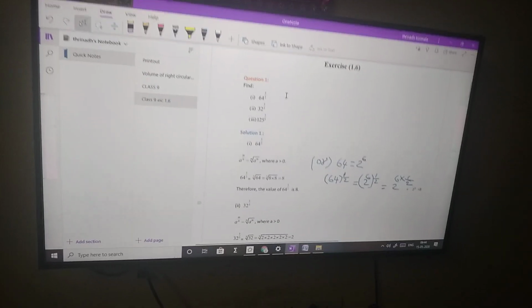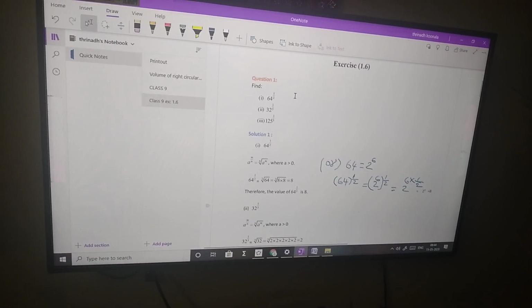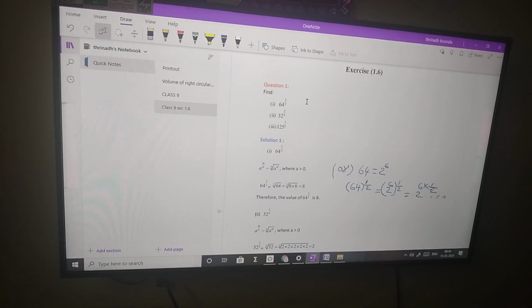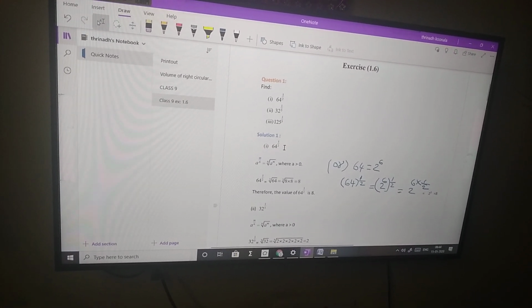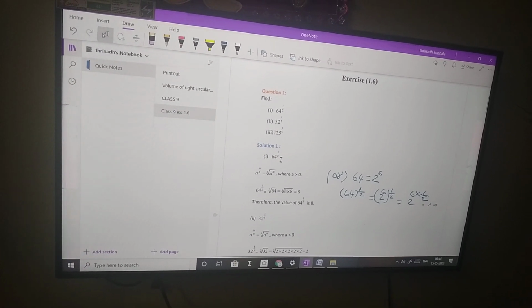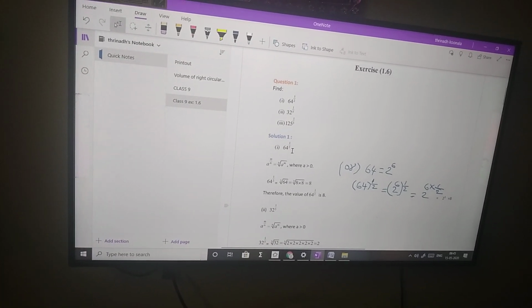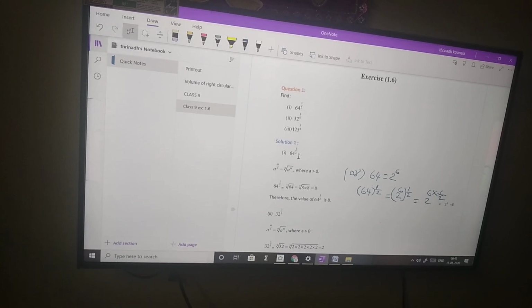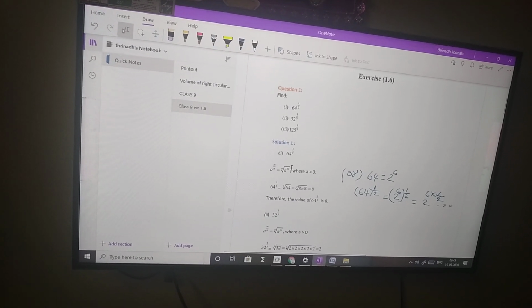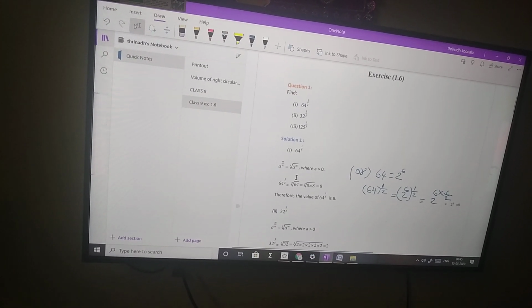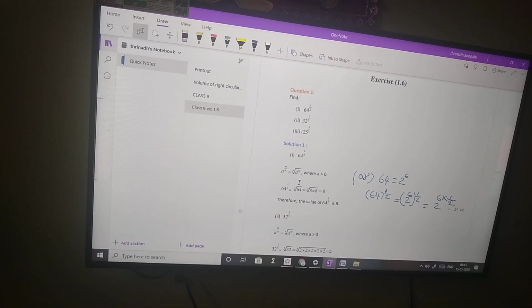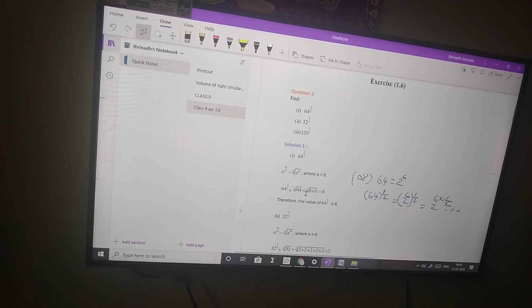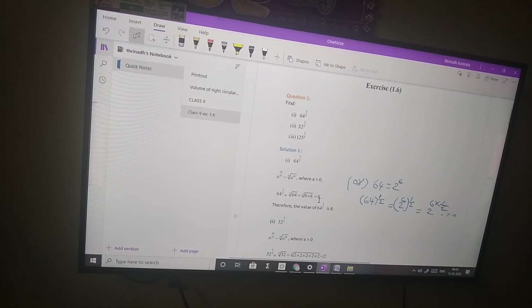From exercise 1.6, first problem, 64 whole power 1 by 2. 64 we can express as 8 square. So whole power 1 by 2 is nothing but square root of 64, that equals square root of 8 into 8. So that value is 8.